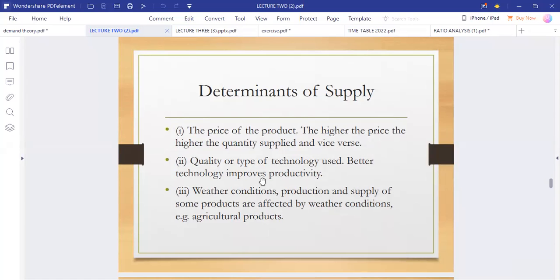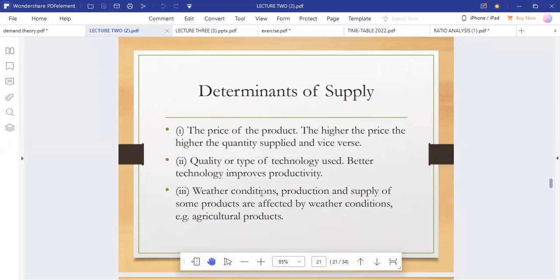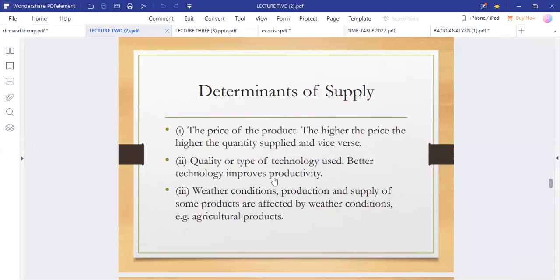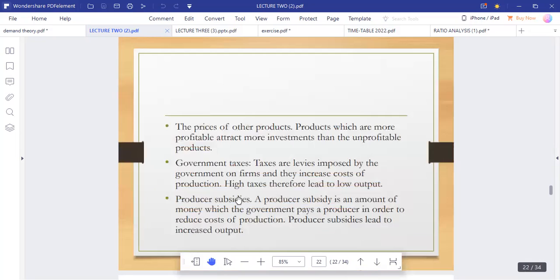So if the weather conditions are rainy and you're dealing with farming, you're going to produce more. But if you're dealing with mining, weather conditions will curtail your supply. The supply of some products is affected by these weather conditions. So you need to also look at that.